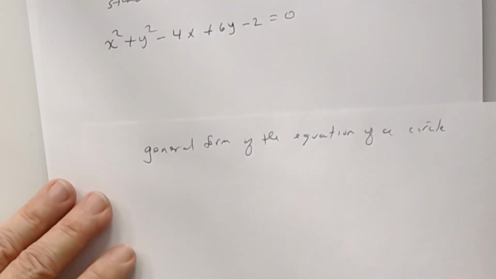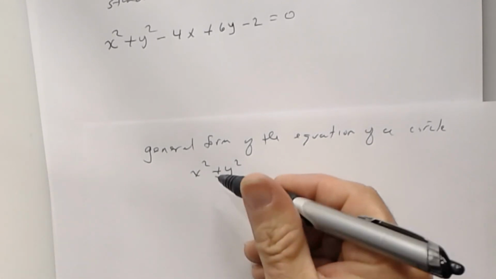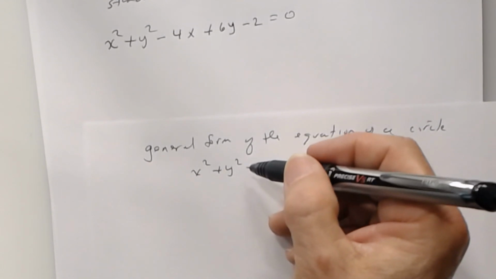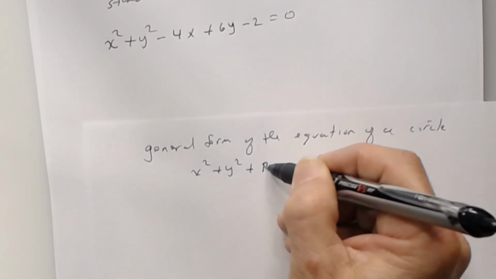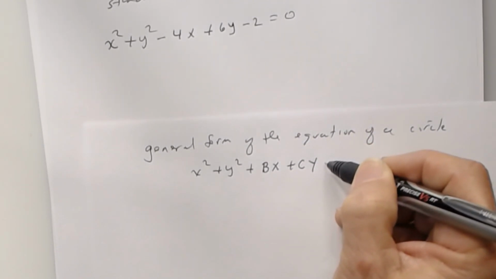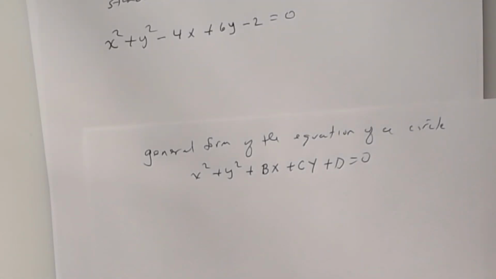The general form looks like this: x squared plus y squared, so the coefficients of x squared and y squared have to be 1s, plus bx plus cy plus d equals 0. That's what the general form of the equation of a circle looks like.